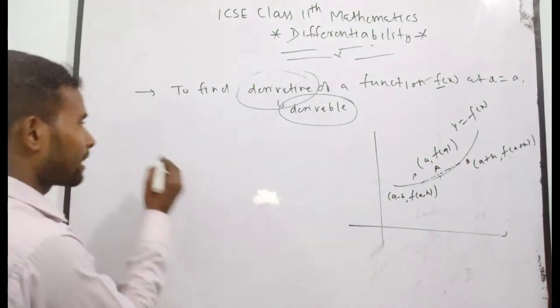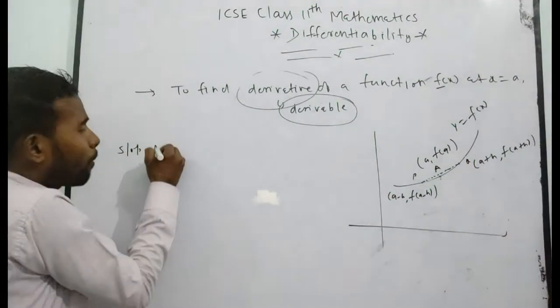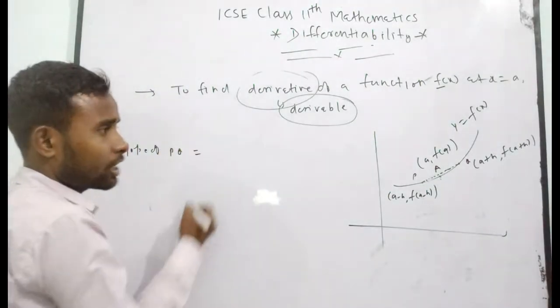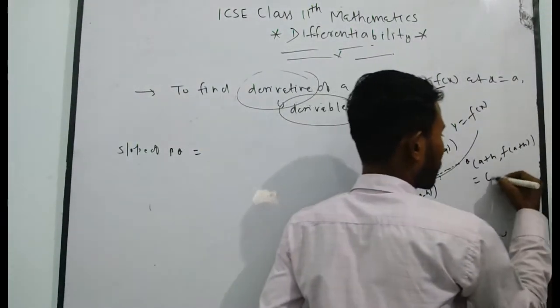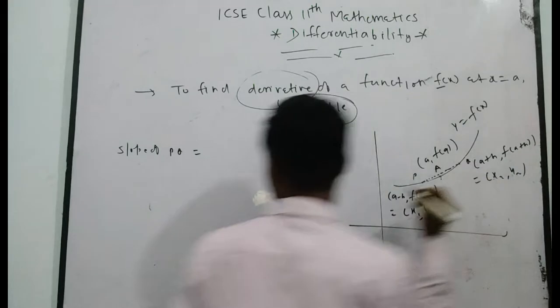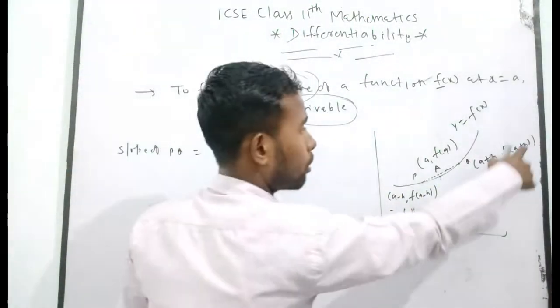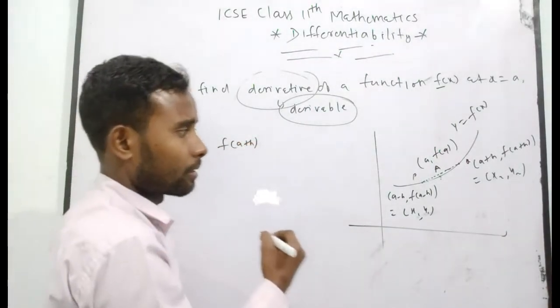Suppose this is (x1, y1) and this is (x2, y2). The slope of PQ will be y2, where y2 is equal to f(a plus h).